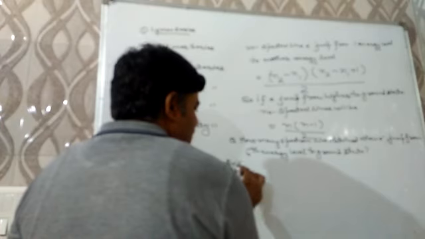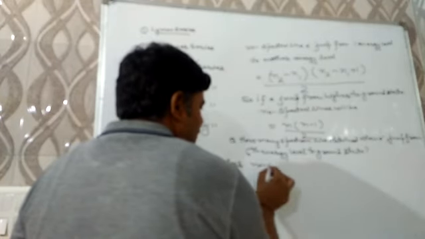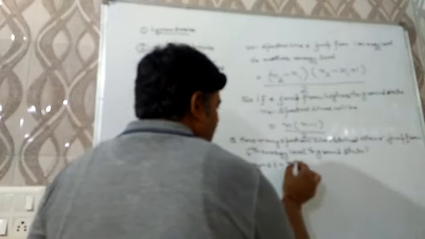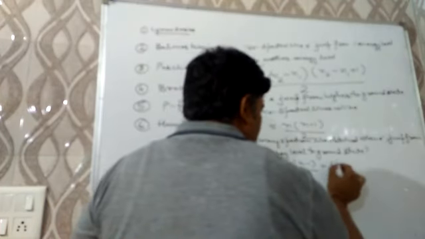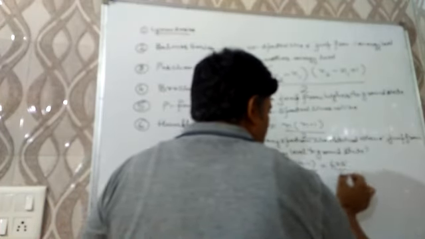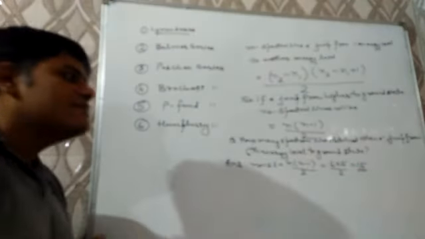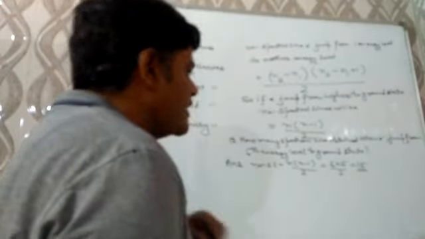Here the formula used will be number of spectral lines equal to n into (n minus 1) by 2, that is 6 into 5 by 2, and that comes out to be 15. There are 15 lines obtained when an electron jumps from 6 to the ground state.